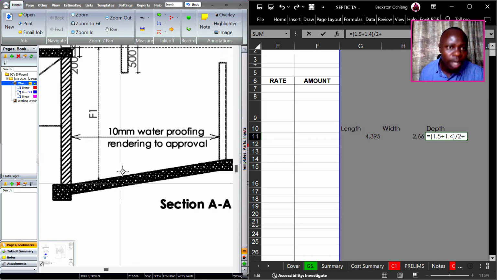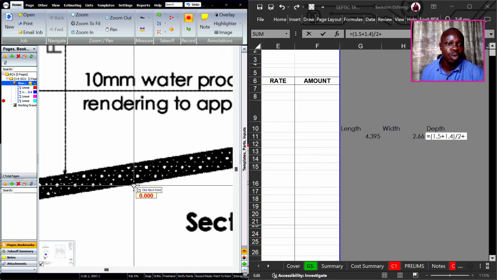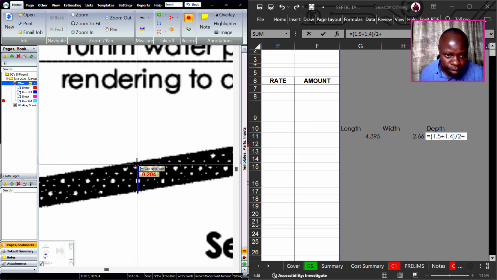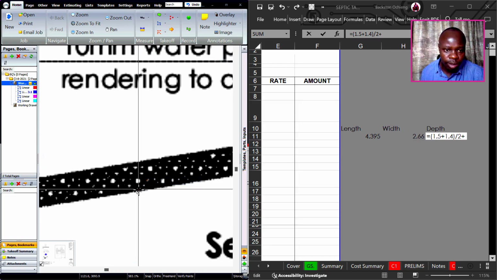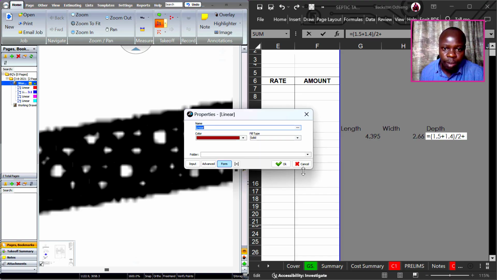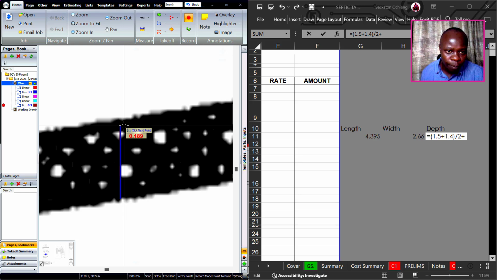And as we mentioned, we adopt the Planswift to do our measurement here. So this one is, let me take it quite keenly. Just go back to the linear dimension from here to this point.